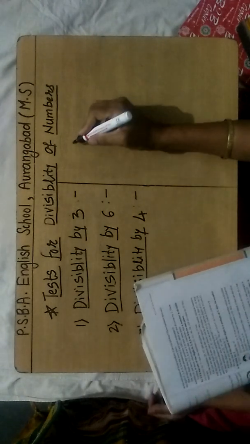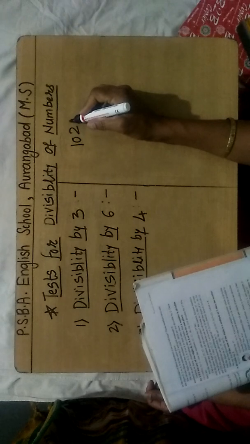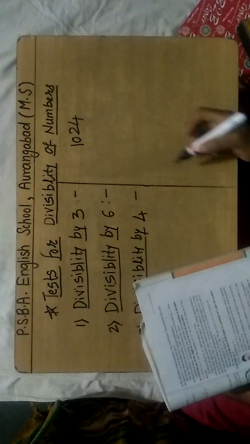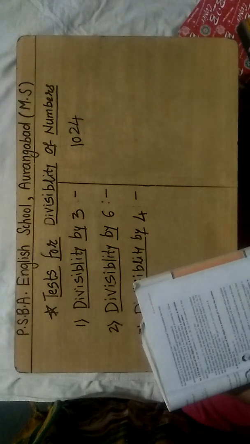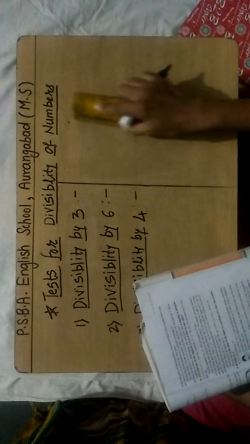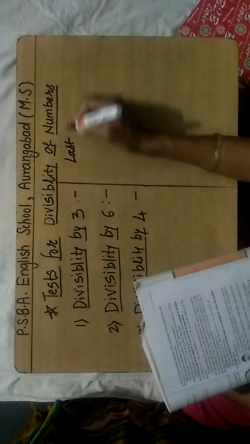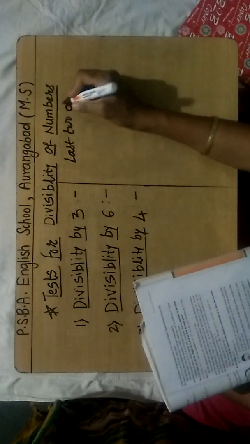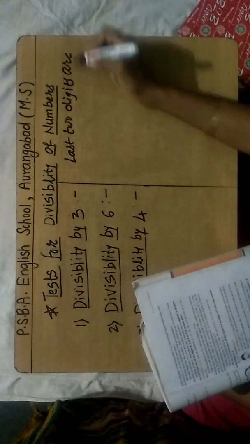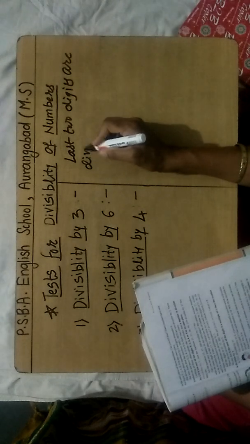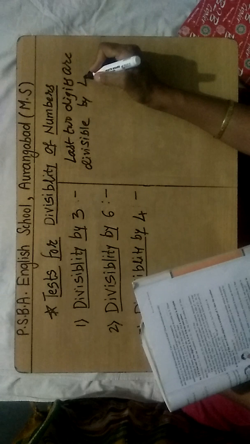Suppose here 1024. Right? Now if we consider the last 2 digits, this is the ones place and second the tens place. I will write here: last 2 digits are divisible by 4.